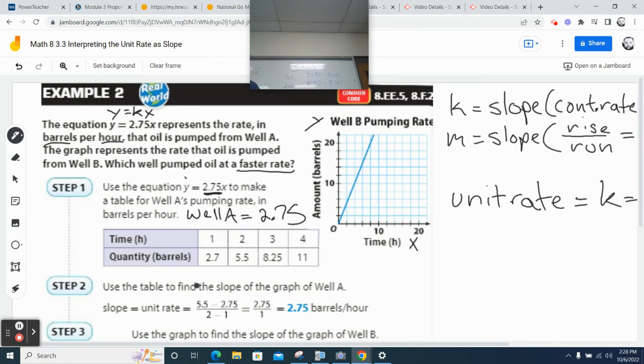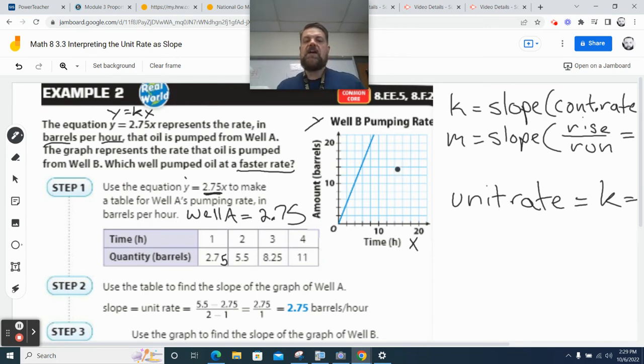Okay, I know that. It's in the equation. And I'm not sure why, but in your textbook, do you have this in your textbook, the 2.75? You should. I don't know why it didn't copy for me when I did it, but it should be 2.75.